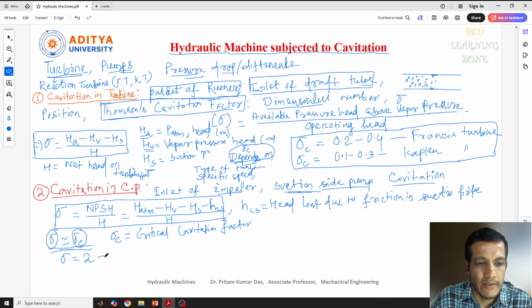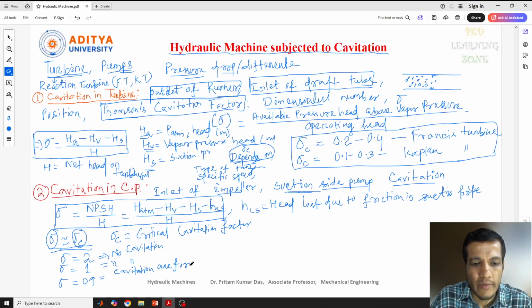Similarly, by changing the parameters, I get sigma equal to 1, and there also I'm not getting any cavitation. Again I change some parameters and get sigma equal to, suppose, 0.9, and there we see that cavitation is formed. I'm just giving one example.